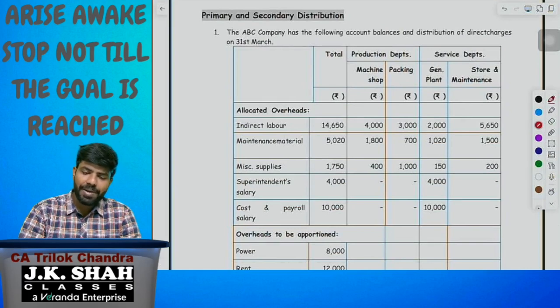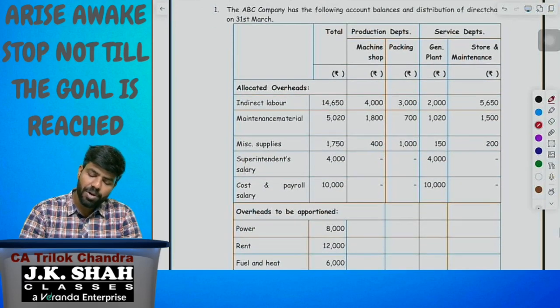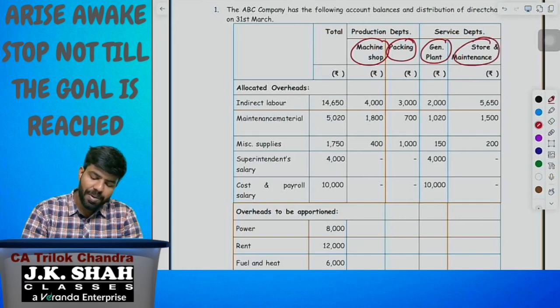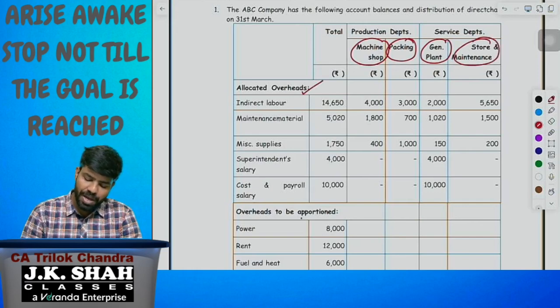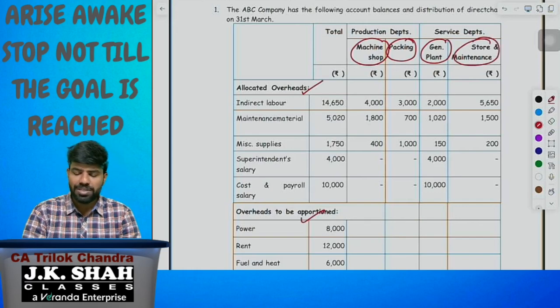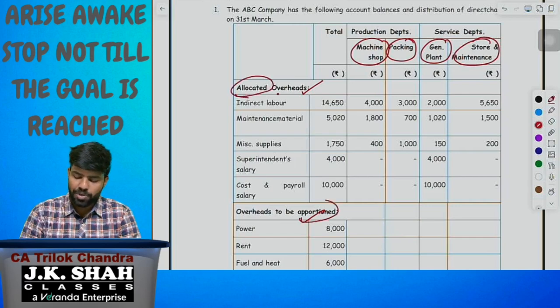The ABC company has the following account balances and distribution of direct charges on 31st March. Production department, service department. See, in this question, there are 2 production departments, machine shop and packing, and 2 service departments, general plant, stores and maintenance. Some allocated overheads are given, and some apportionable overheads are given. Sir, what is this allocation and what is this apportionment?